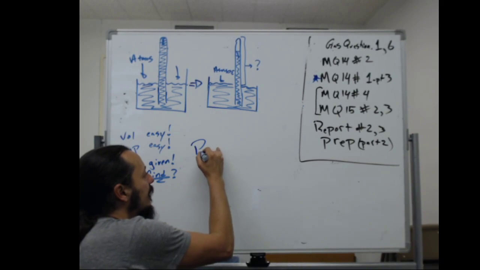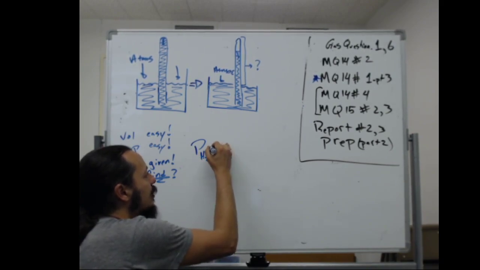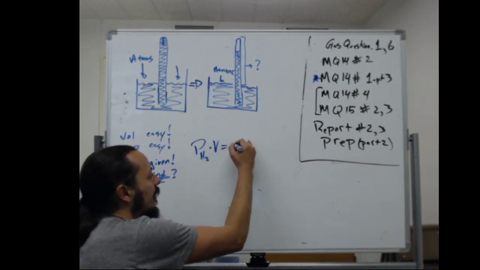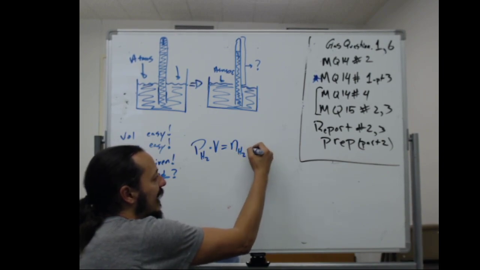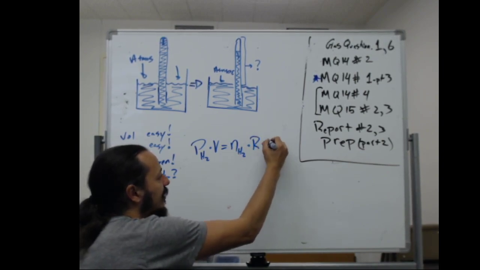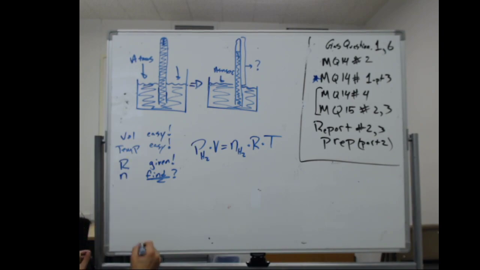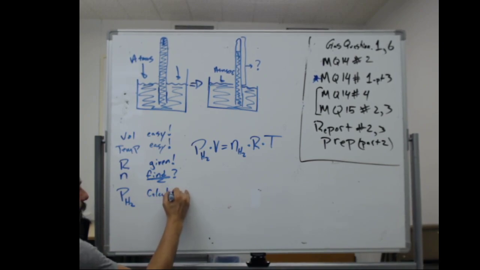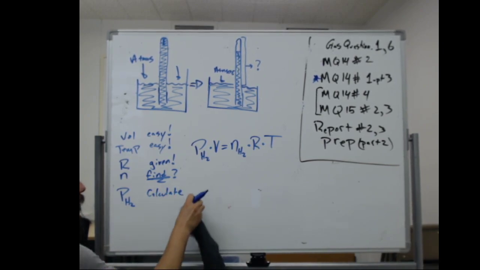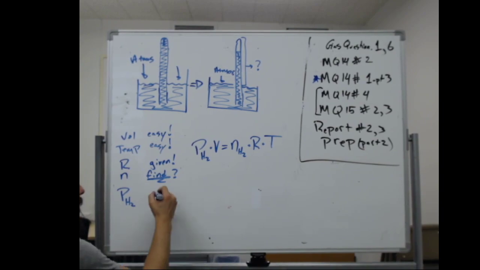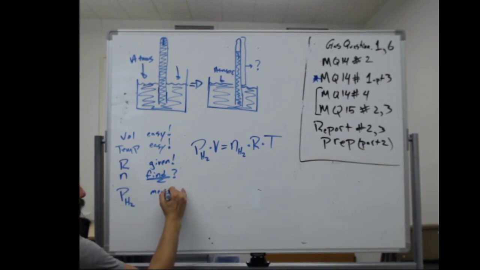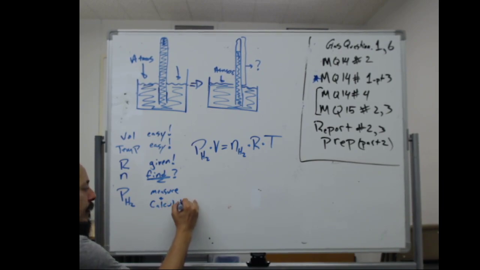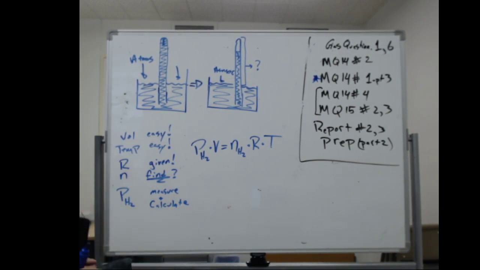So if I look at this, I want the pressure of H2 times the volume equals the moles of just H2 times the gas constant times temperature. And so to get the pressure of H2, we've got to really take two steps to do that. We have to measure and calculate.